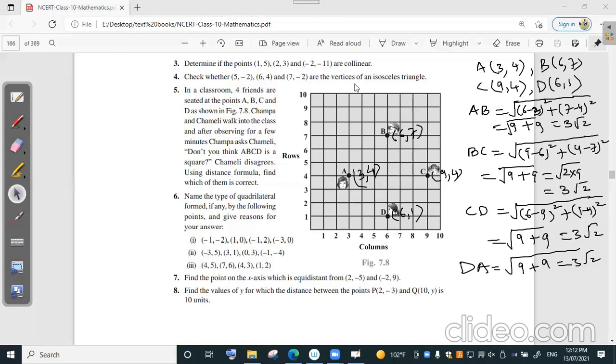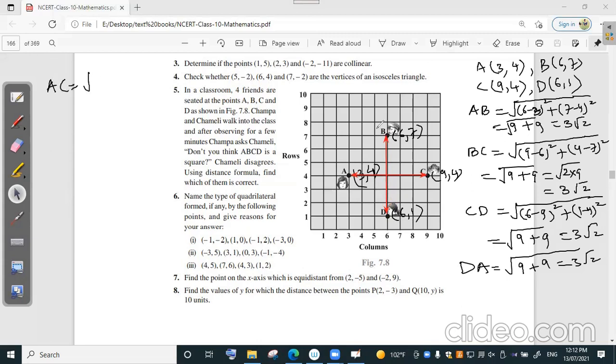So we have to check the diagonals. Which are the diagonals here? You can see this is AC. A to C is one diagonal. Another diagonal is this one. So we have to find the diagonals also.